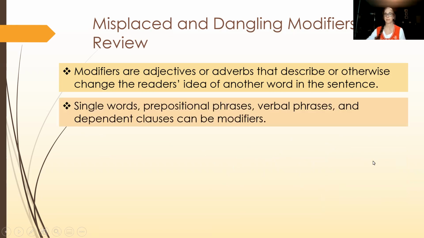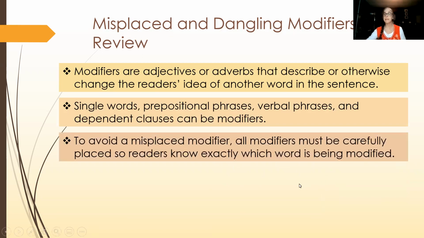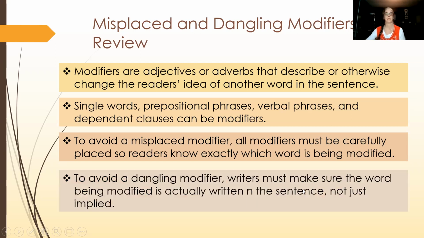Single words, prepositional phrases, verbal phrases, and dependent clauses can be modifiers. To avoid a misplaced modifier, all modifiers must be carefully placed so readers know exactly which word is being modified. To avoid a dangling modifier, writers must make sure the word being modified is actually written in the sentence, not just implied.